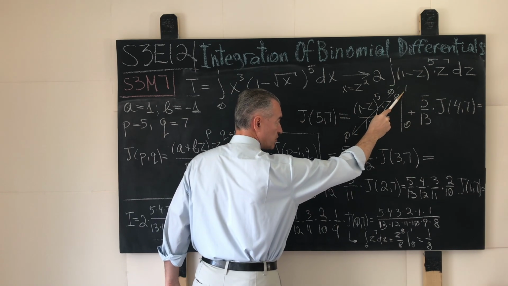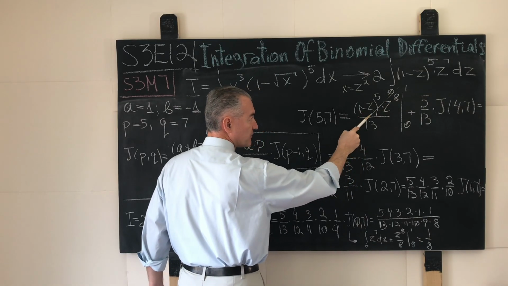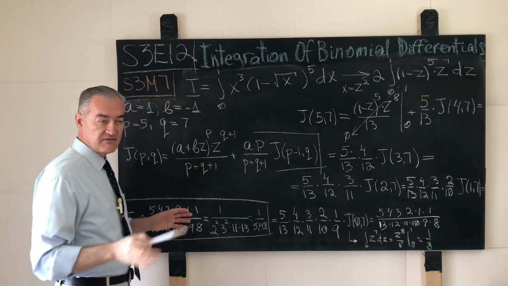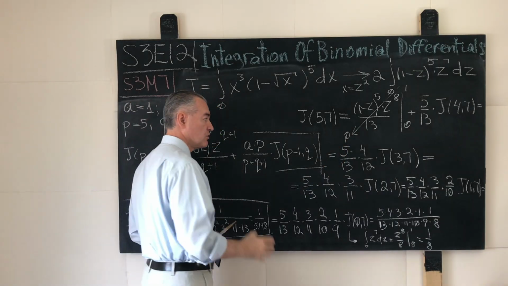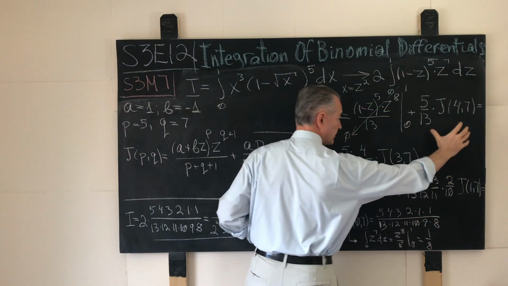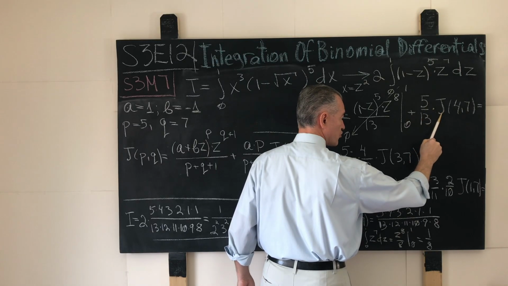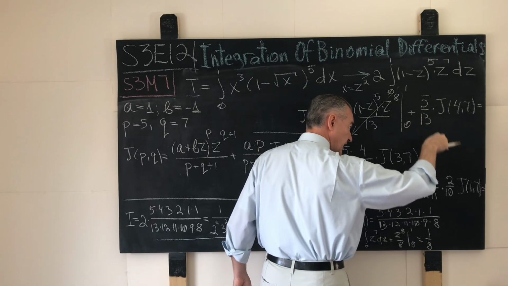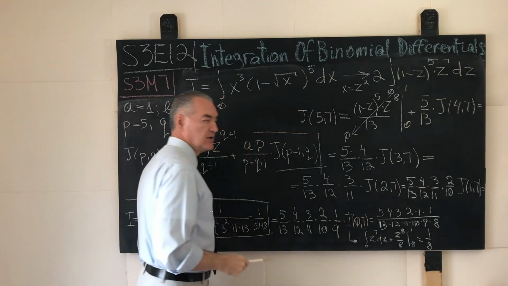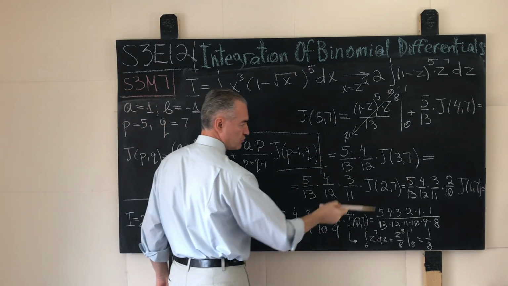At the upper boundary of integration 1, the last factor, 1 minus z, disappears. So the free-floating term forever and ever vanishes. So we now have to deal only with what? With this substantive iterational piece here. 5 over 13 times what? The same version of the integral, but with p bumped down. So instead of 5, 7, we have 4, 7. And that's it. You should be able to handle the rest from here on your own.